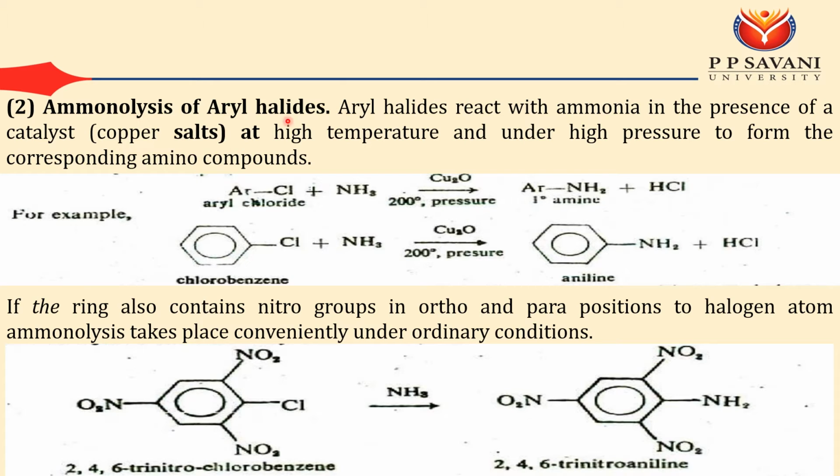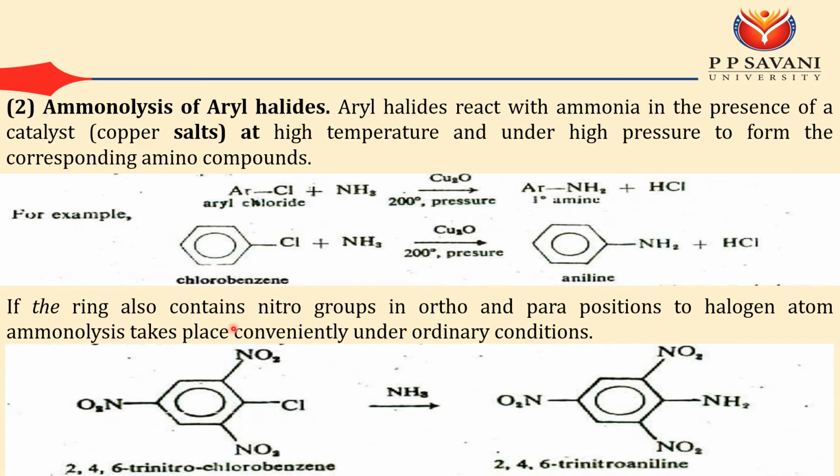Another one is ammonolysis of the aryl halide. This one is your aryl halide, and ammonolysis means you have to do a reaction with ammonia. So HCl will be removed, and you will get a primary amine. Similar here also.